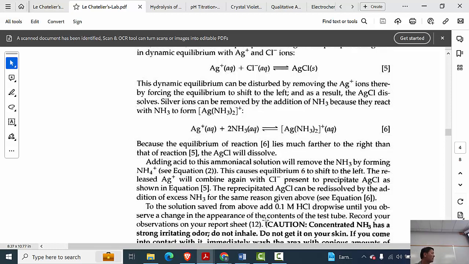So they aren't asking us for everything here. What was the solution saved from above? Adding acid to this ammoniacal solution will remove the ammonia by forming ammonium. This causes the equilibrium 6 to shift to the left.